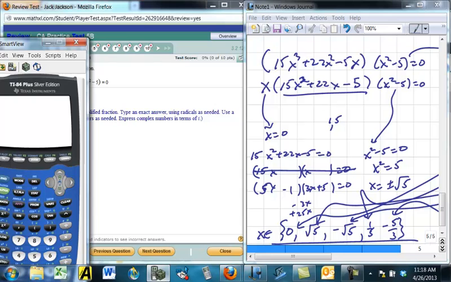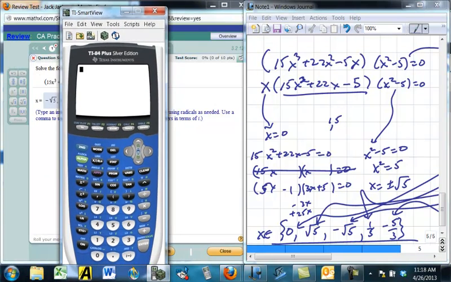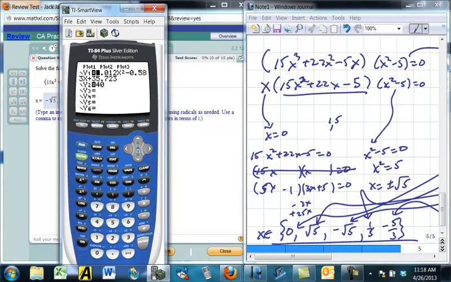Now, since I didn't use a calculator on that, I didn't have to. But since I have a calculator, let me show you a couple other things you could have done. We could have done 15x cubed plus 22x squared minus 5x, parentheses, x squared minus 5, and we want to see where this crosses the x-axis.